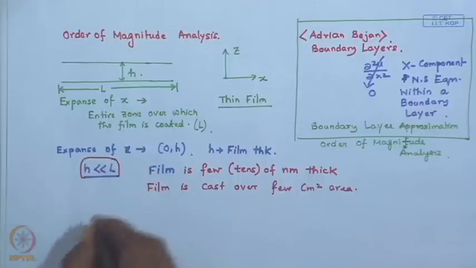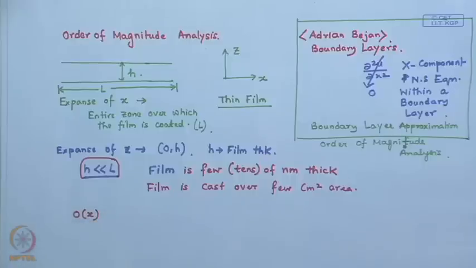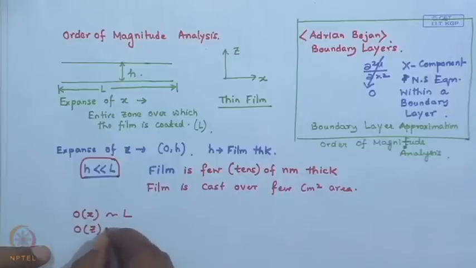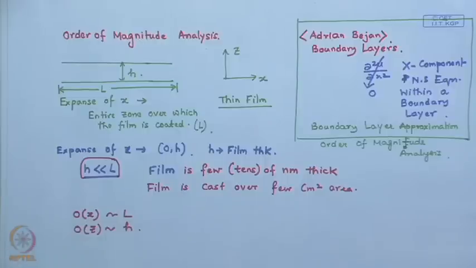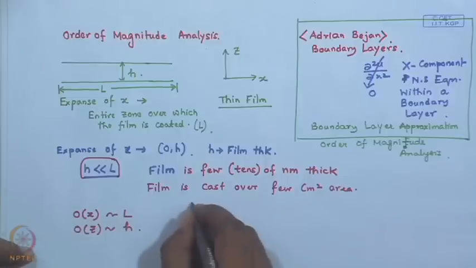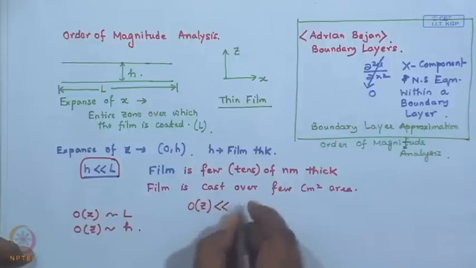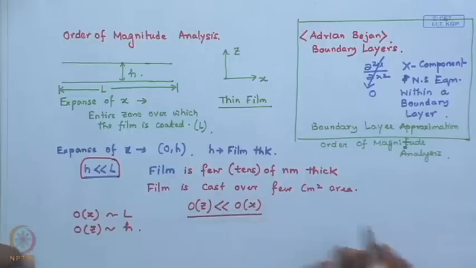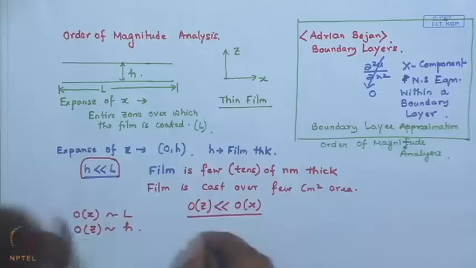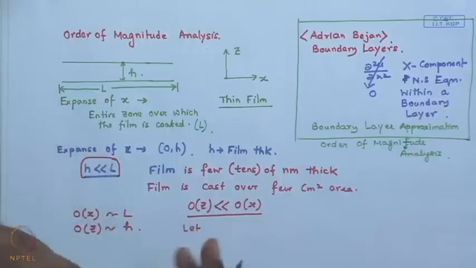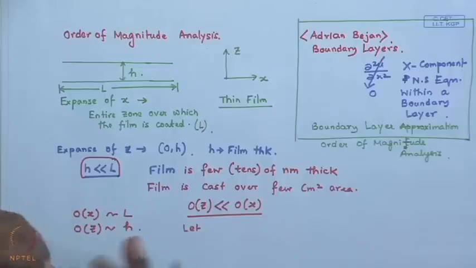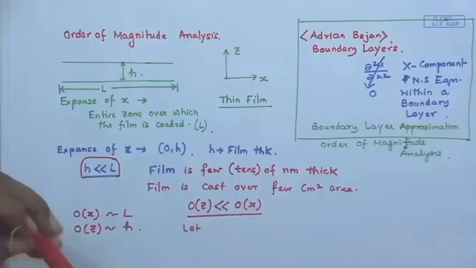So, we can write the order of x, that is how it is written, O(x), is that of L, and the order of z is that of h. Therefore, immediately you can say that the order of z is much smaller than the order of x. This is how typically an order of magnitude analysis would proceed. It is a very approximate approach to get a qualitative idea about the magnitude or the scale of different quantities in the system.